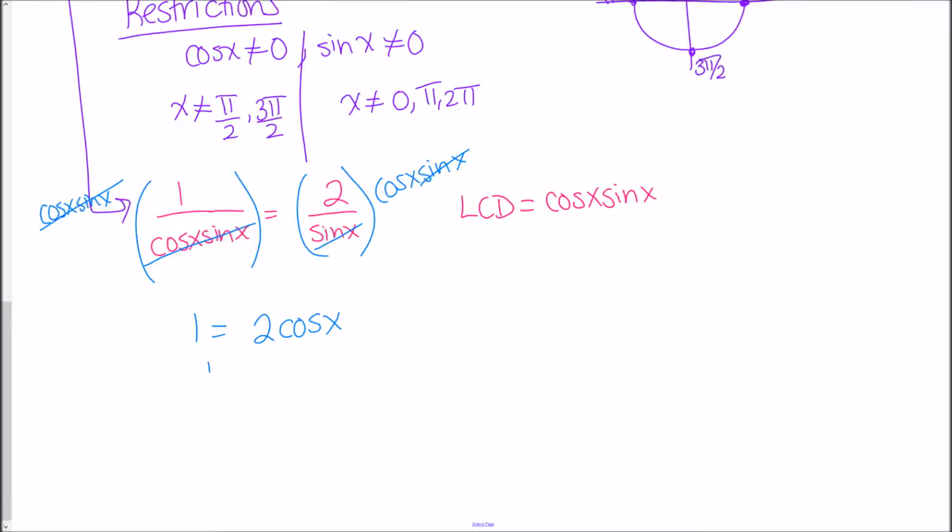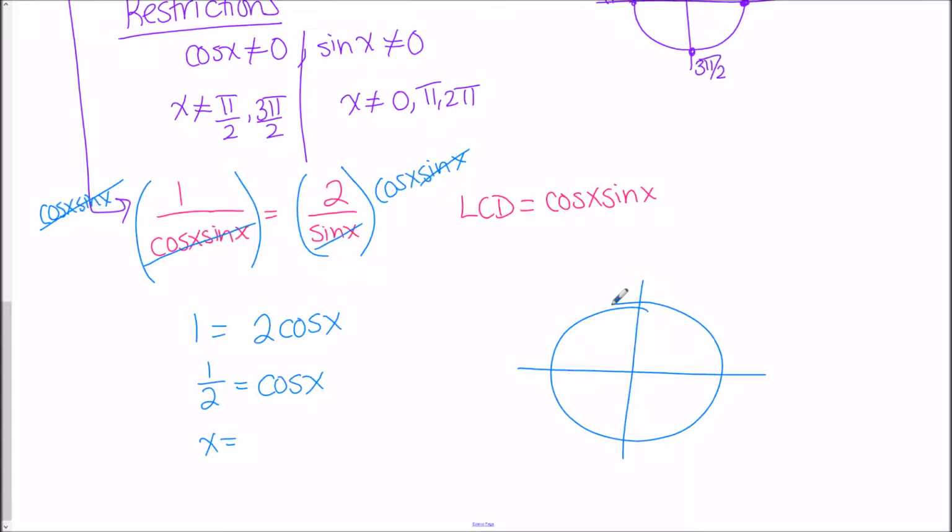So divide both sides by 2, I get 1/2 is equal to cosine x, which means that x is equal to, let's see, what values of theta will give us 1/2. Just like we did before, we figured out that it's at pi over 6 because our coordinate is 1/2, root 3 over 2.